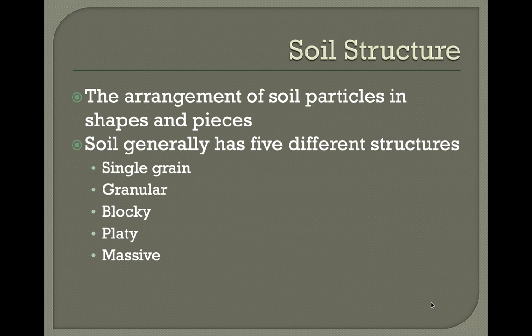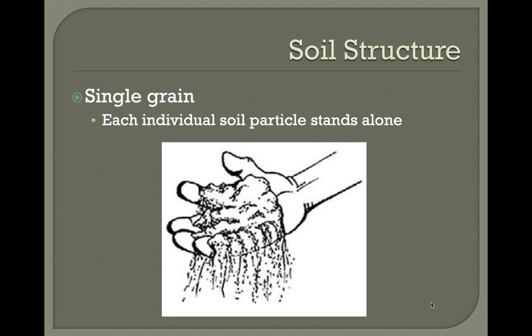And we're going to talk about all these different structures right here. So each individual particle in single grain structure is going to stand alone. You can pick out each individual particle. So really, this is going to be reserved for a sandy type of soil because you cannot pick out a silt or a clay molecule, whereas you can pick out one single grain of sand.